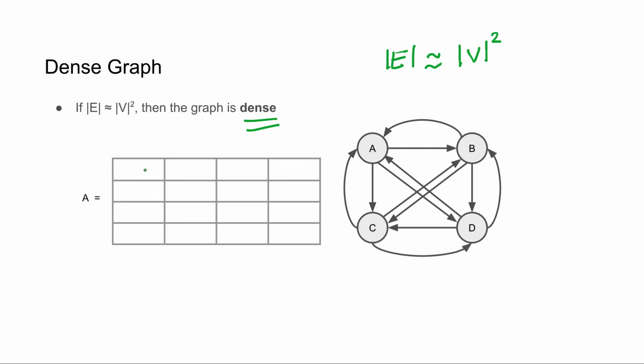Okay, which means that each of the cells in this matrix represents whether an edge is present or not. If all edges are present, that means that each vertex is connected to every other vertex and itself. Okay, so maximum I can have V square edges, and if a graph contains V square edges, then that graph can be called a dense graph.